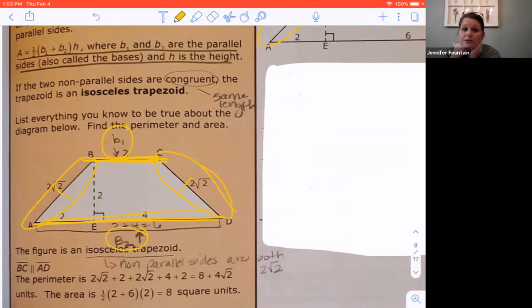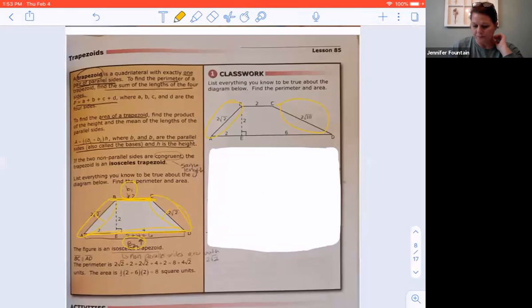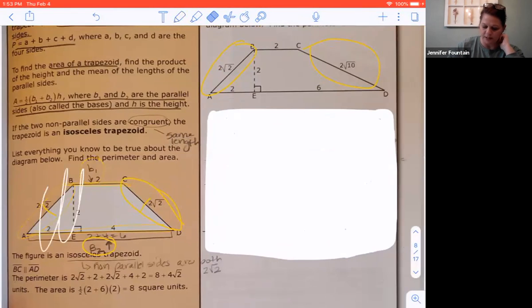Those sides are called congruent, or they're the same length. Same thing here. When I have a trapezoid, that the 2 sides of it that are not parallel, when those 2 sides are the same length, they're called congruent. So it's an isosceles trapezoid. All right, so let me erase a little bit and then we'll get going on our notes.